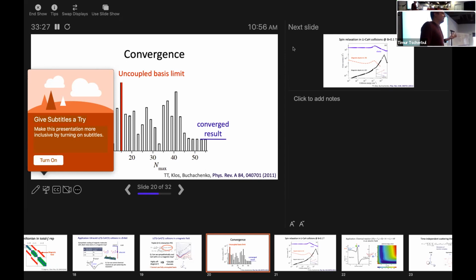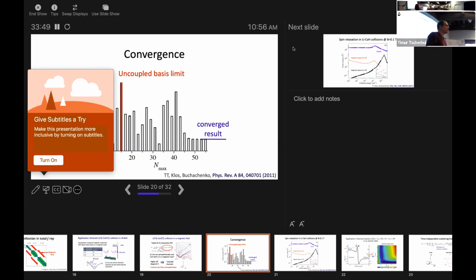But when you're talking about some important number that you want to get, you'd better use converged results, right? And if you just care about qualitative tendencies, like what is a typical magnitude, and you don't care about two orders of magnitude, then maybe you can use a small basis set. So that's fine.